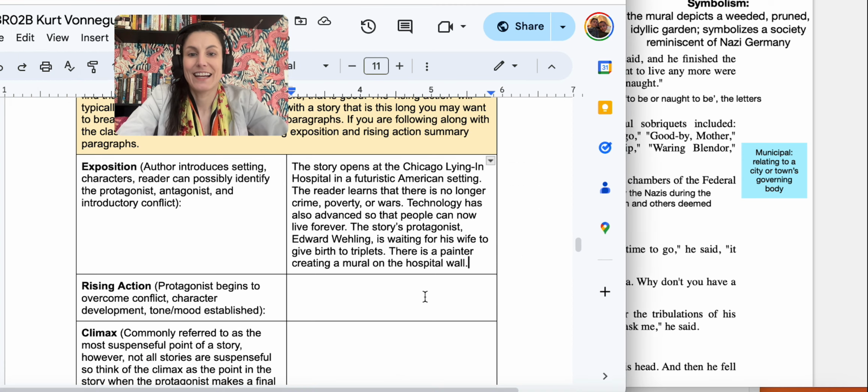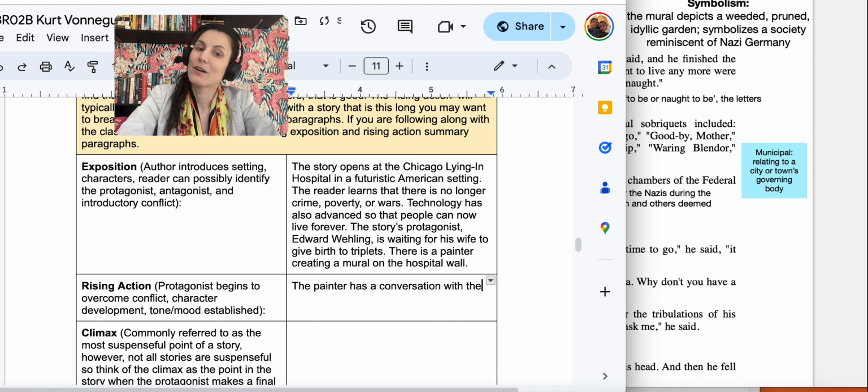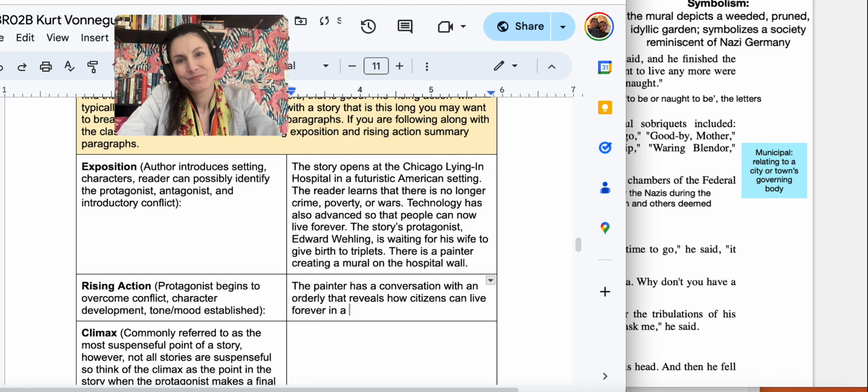So I'm going to say the painter has a conversation with an orderly that reveals how citizens can live forever without overpopulating the planet.